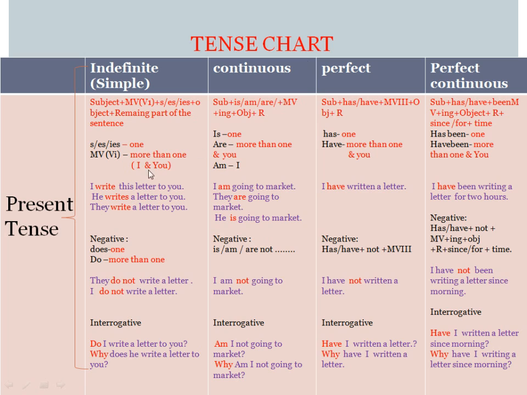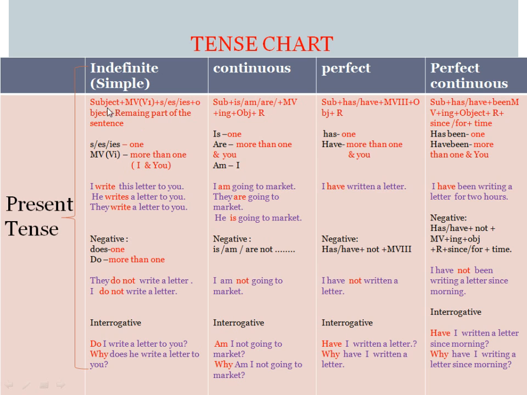Tense chart. It is the chart of present tense. Indefinite, continuous, perfect continuous. There are some rules here. We will discuss how we apply these rules in a sentence. First sentence: I write this letter to you.